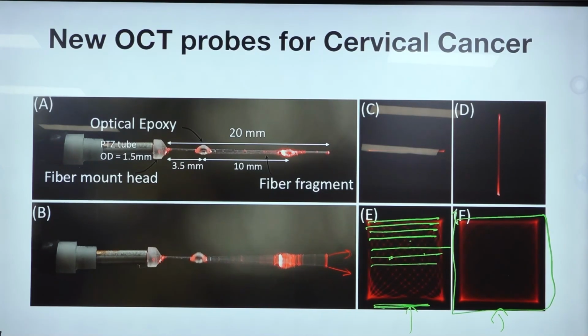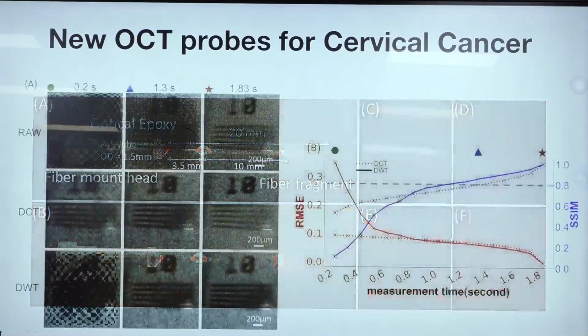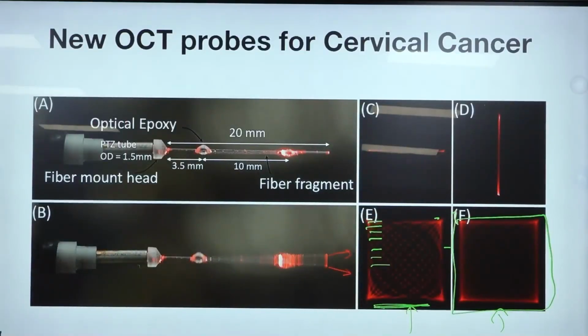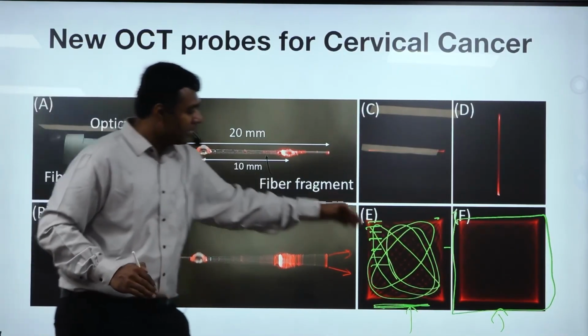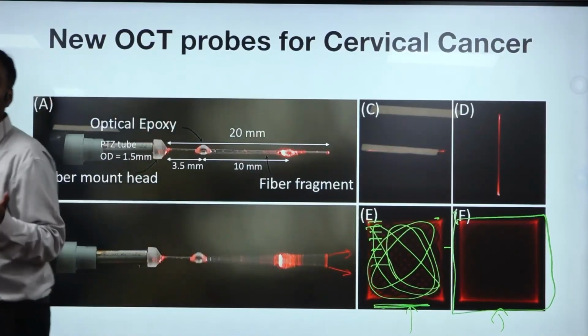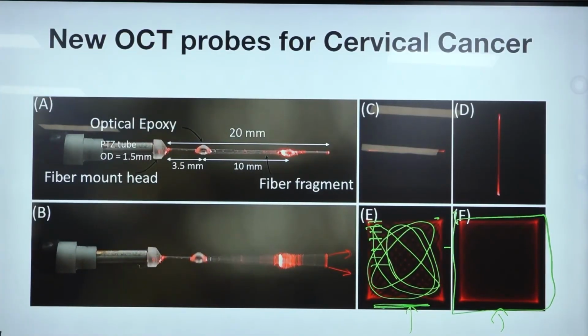But in our case we have the big advantage that we don't need any of the linear versions of scanning. What we do is go this way and this way, and so on. I'm not drawing it well, but it's a nice clean pattern. You cover the entire area very quickly and then repeat, filling in more and more of the gaps as you go along.